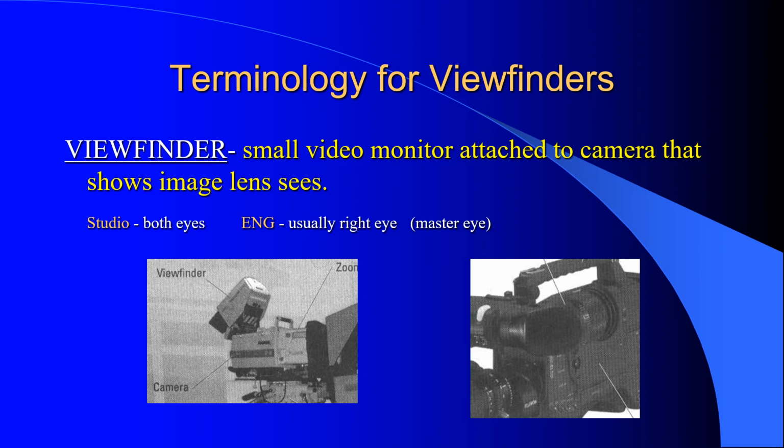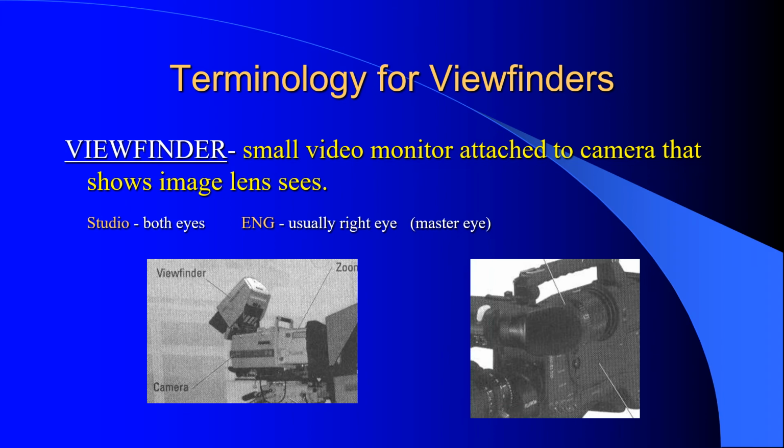And this really is a question of your master eye. Some of us are left master-eyed, some of us are right master-eyed. And the way you determine this is you hold your arm straight out with your thumb pointing up, and then as you're looking at your thumb with both eyes open, put your thumb on some object, like the clock on the wall or a picture or something.